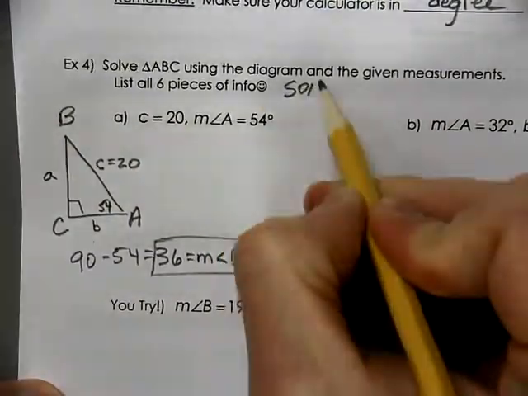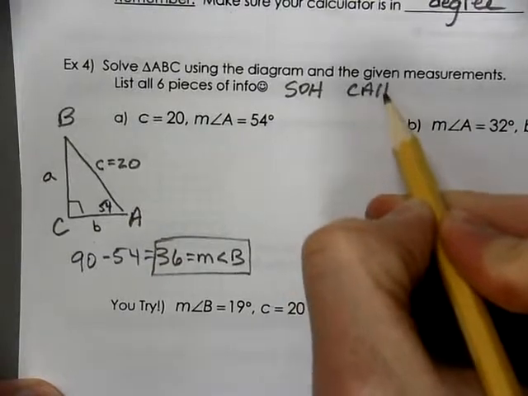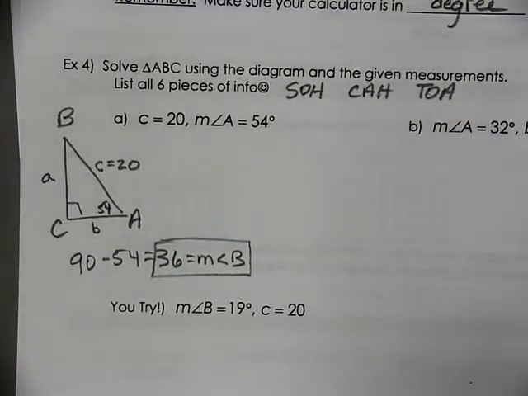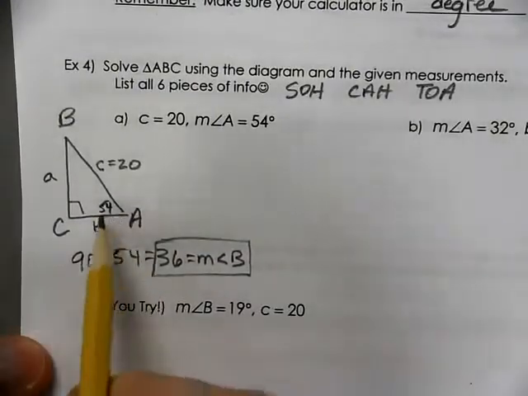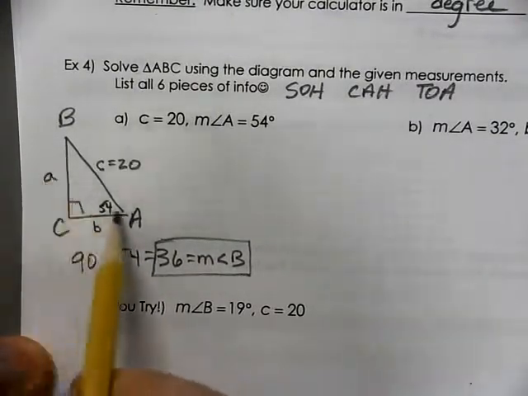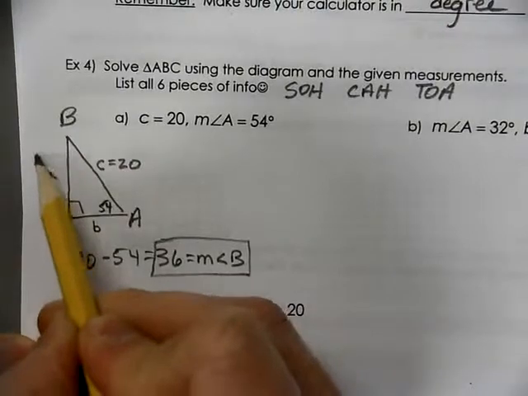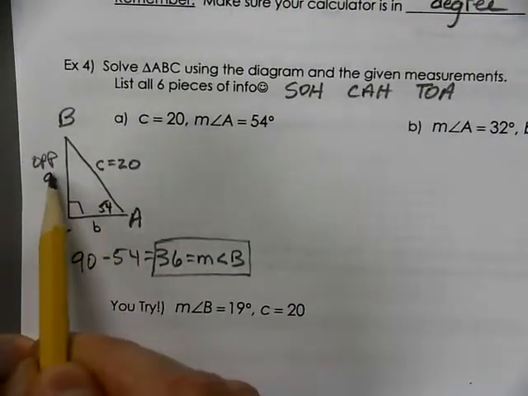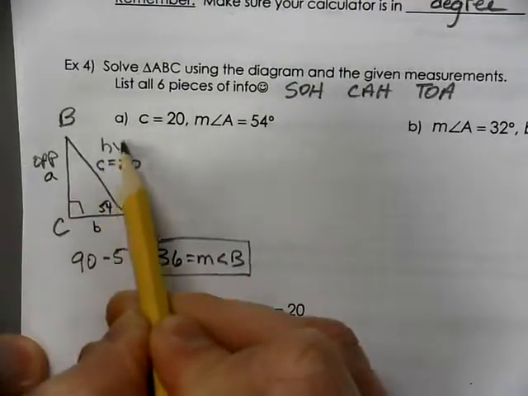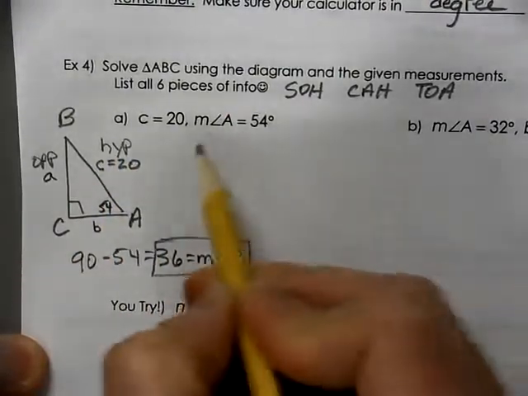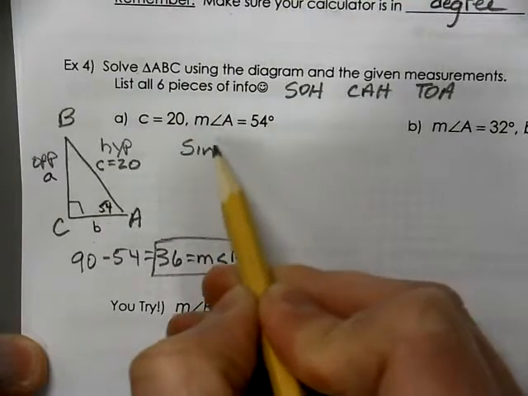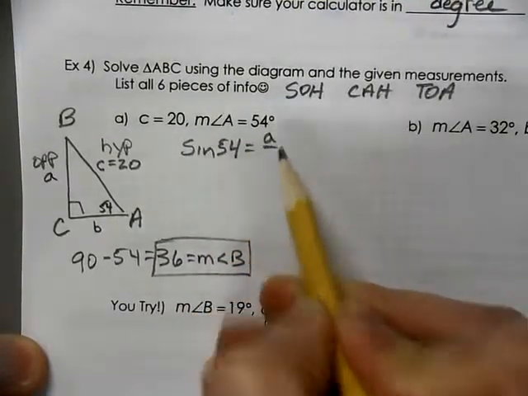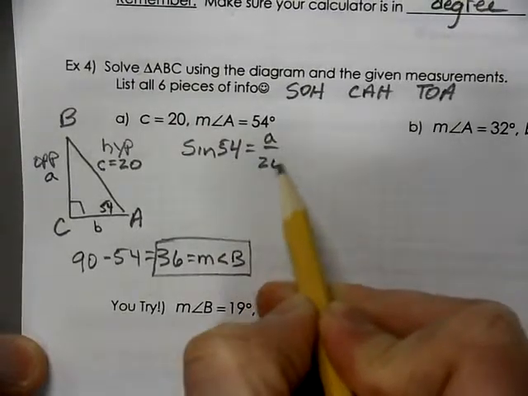Using the idea of SOHCAHTOA, that helps remind us what the trig functions are, I can now find an opposite side to angle A by using sine, opposite over hypotenuse. Hypotenuse is always across from the 90. So sine of 54 is going to equal the opposite side over the hypotenuse, which is 20.